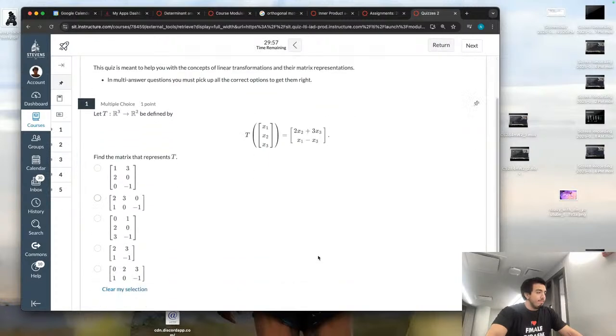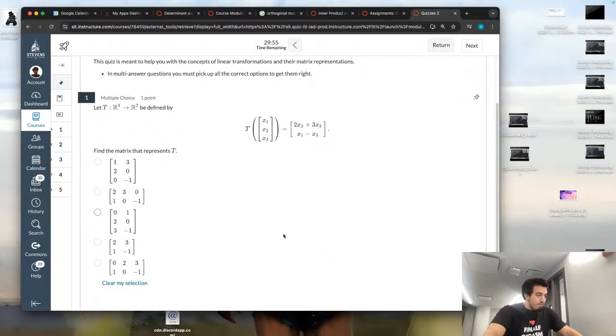All right. So we want a T that represents this right here. We can reason it out in our head. Let's try. So we have a 3 by 1. That means we want a 2 by 3. 2 by 3 here.